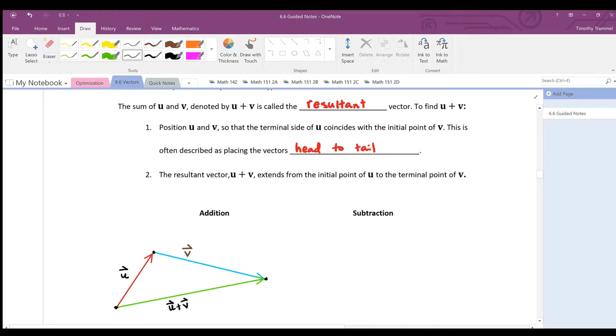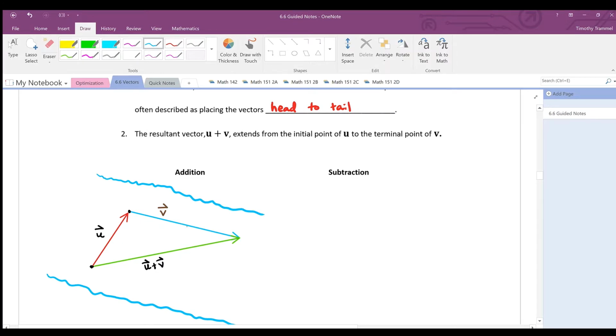There it is. So what I've done here is I've included a river in our picture. I want us to get an idea of why we've defined vector addition to be the way it is. So imagine first, maybe you're on a canoe or a kayak and you're trying to get across a river, with this flowing water.